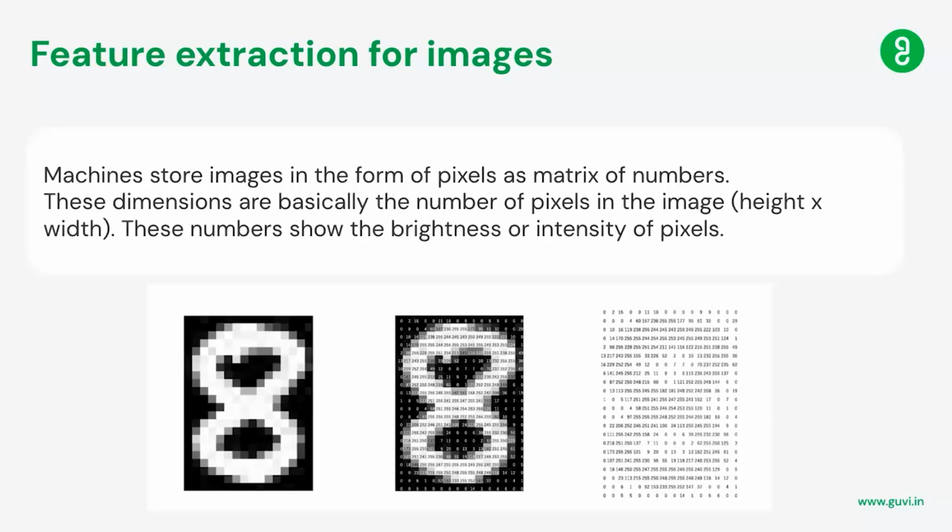Now, the dimensions of the image will basically be the number of pixels in the image, and the value of those numbers will show the brightness or intensity of the pixels. In a grayscale image, the pixel value ranges from 0 to 255, from black to white, right?